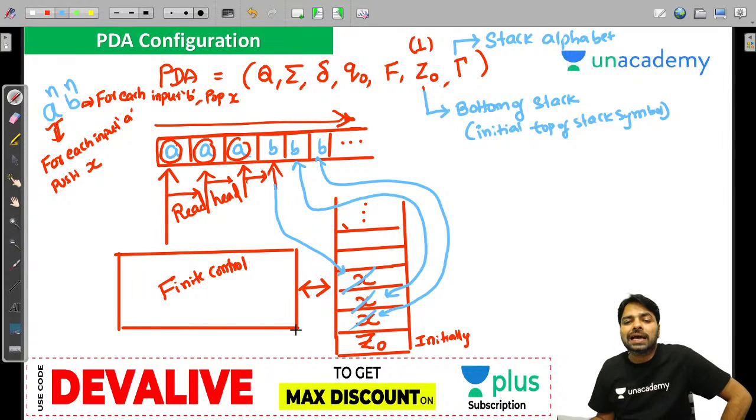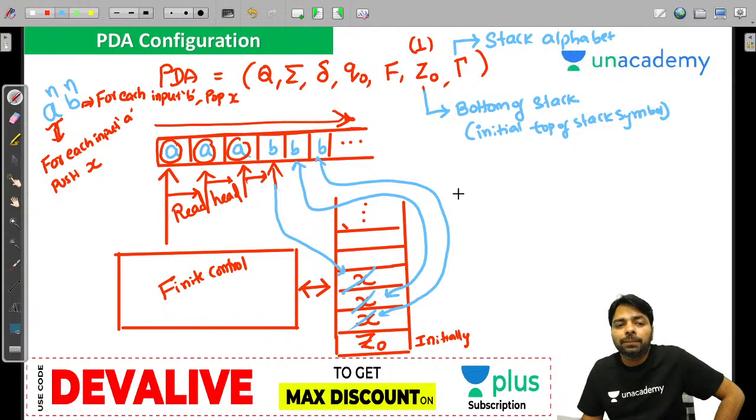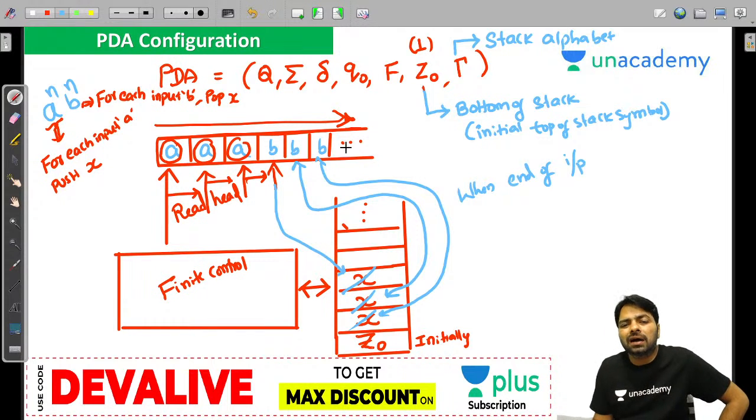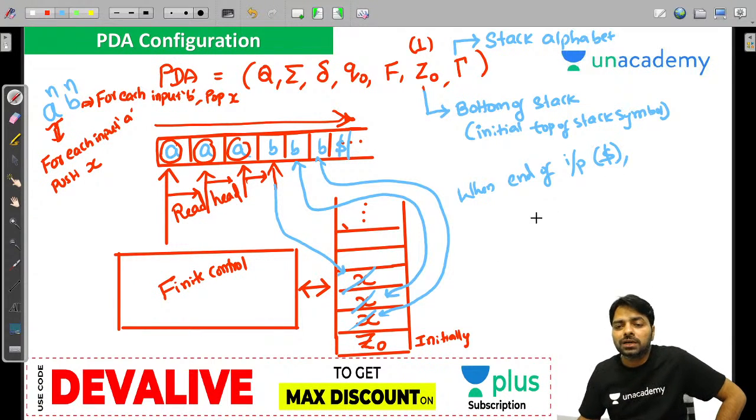And how do you know the stack is empty? When the end of the input occurs, maybe you can represent it using a dollar or any special symbol that you want. The dollar is not compulsory. The stack is left with Z0, that is, Z0 is the top of the stack.